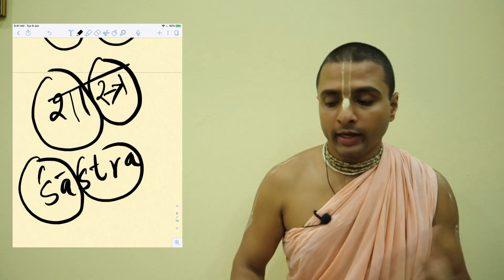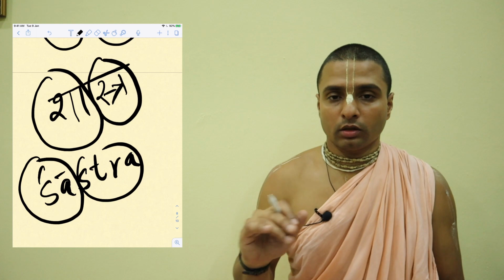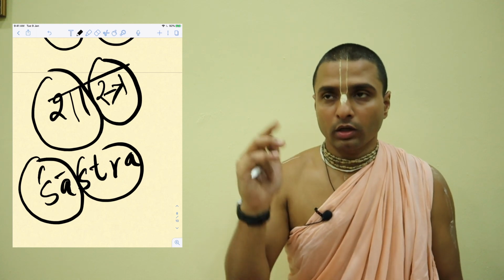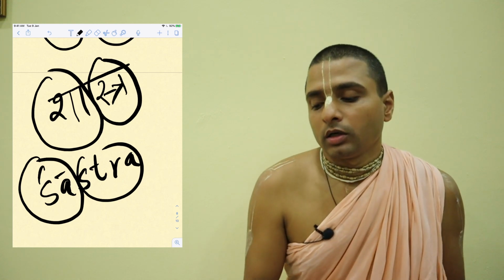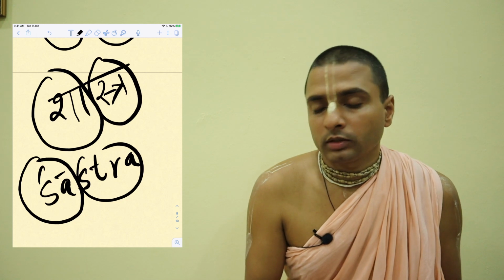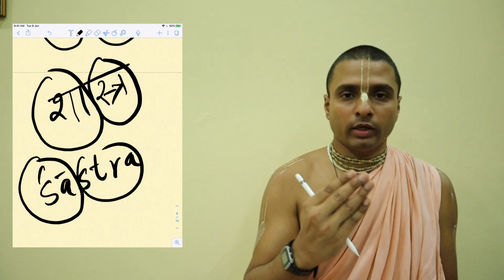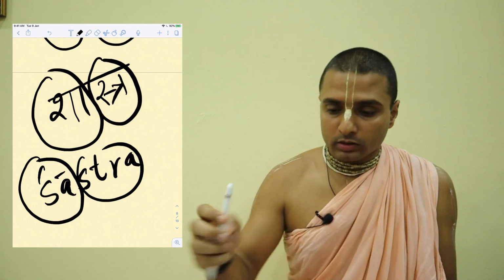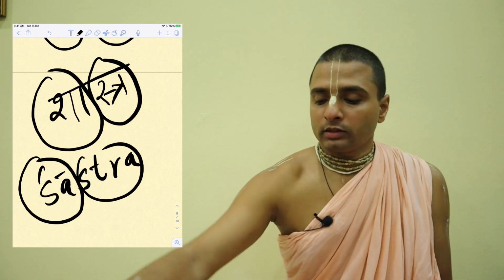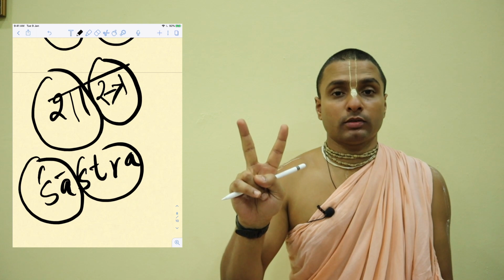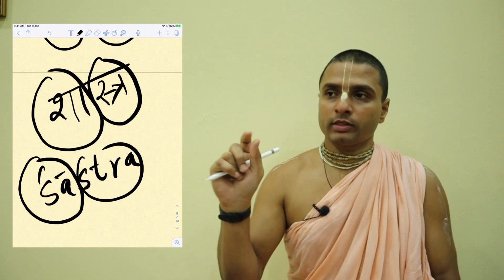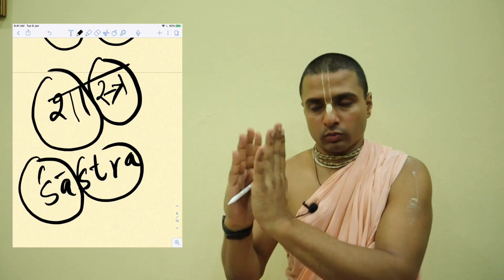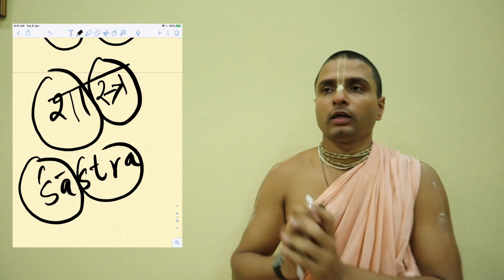Stra is half sa and then tra. Tra is again two letters, ta and ra together. So in Sanskrit it's only two alphabets, sha and stra. Stra is a combination of two alphabets, but it's one alphabet together.